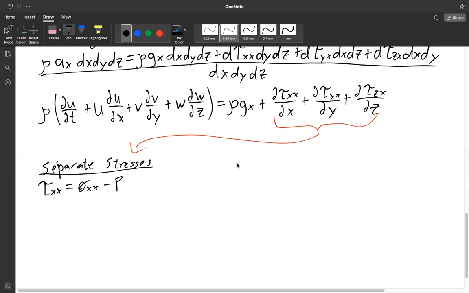And we can use something called Stokes hypothesis. If you would like more detail on Stokes hypothesis, I will have a link down below to help you learn more about what this hypothesis entails.